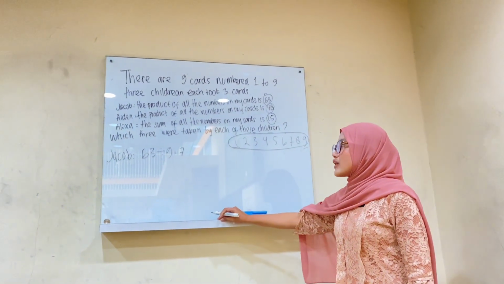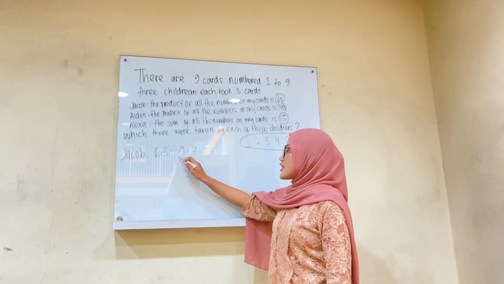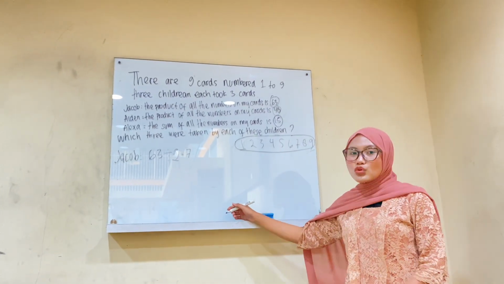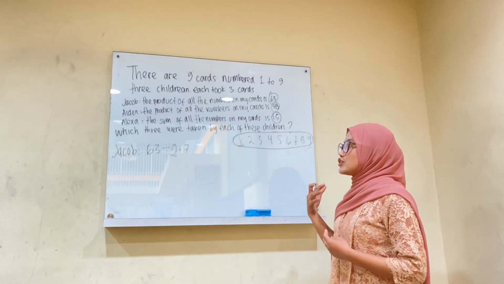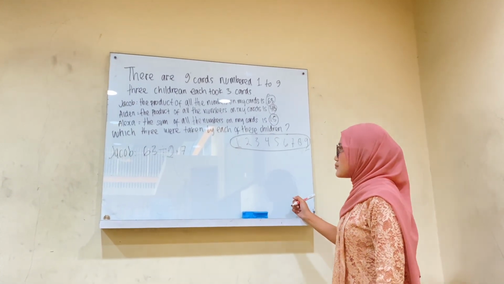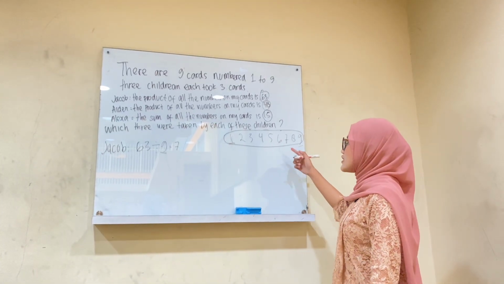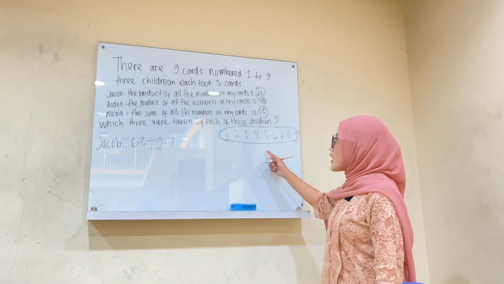So by the mathematical operation that we know, Jacob has 9 on his card. We're gonna search for the two more cards of Jacob by dividing 7. 7 is only able to be divided by 1.